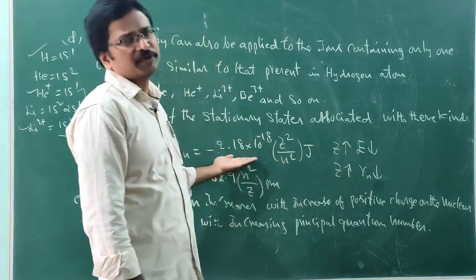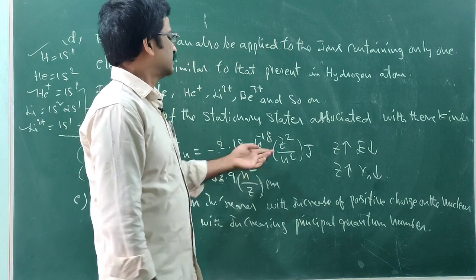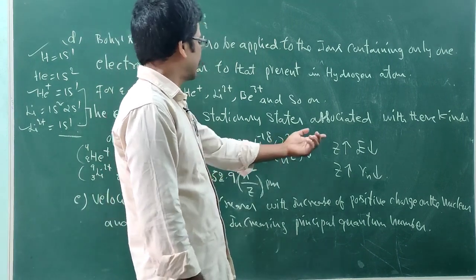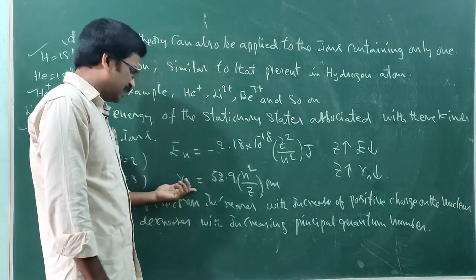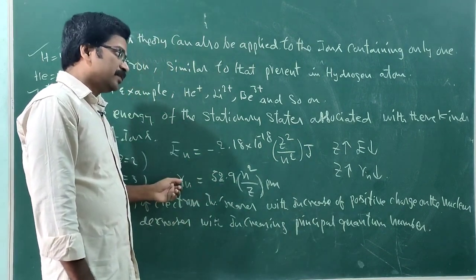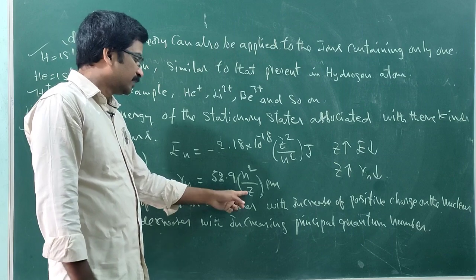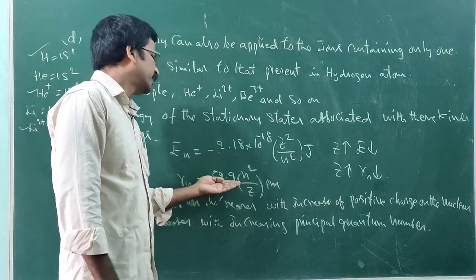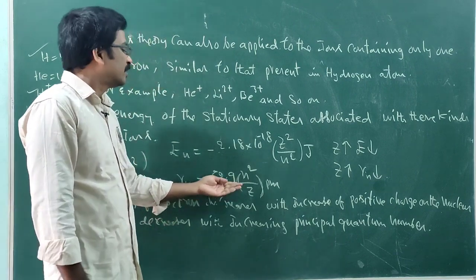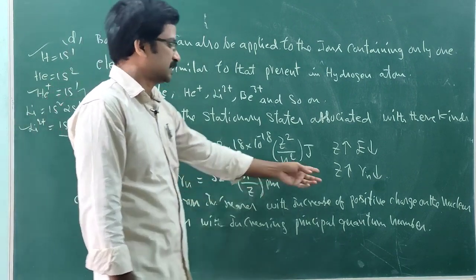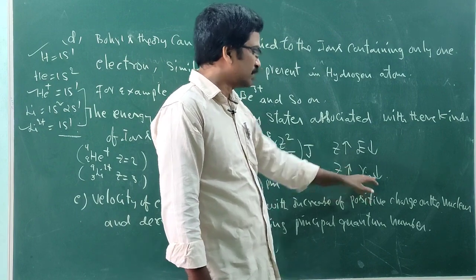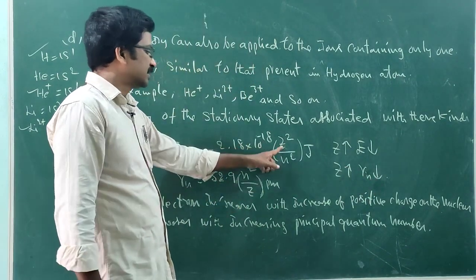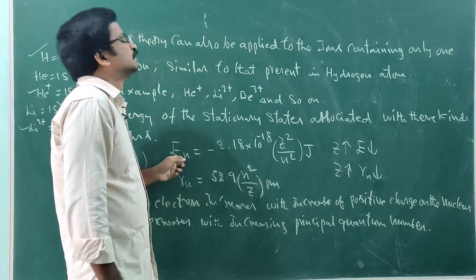From this equation we know that as the Z value increases, the energy value decreases. Similarly, as Z increases, since it divides the 52.9 picometers, the R value also decreases.